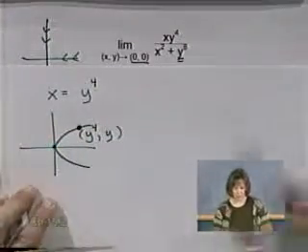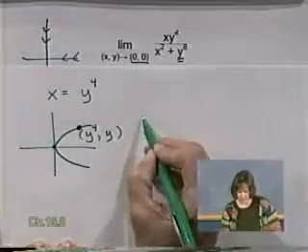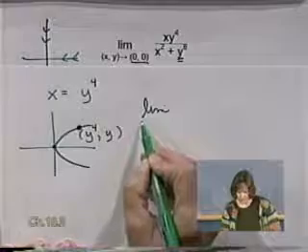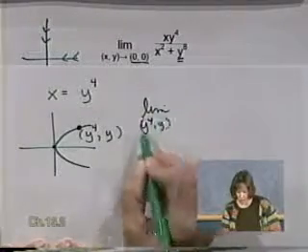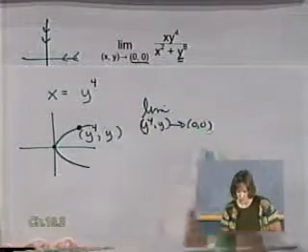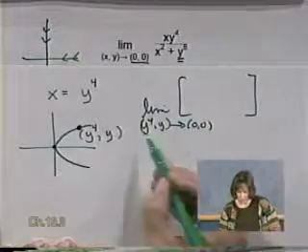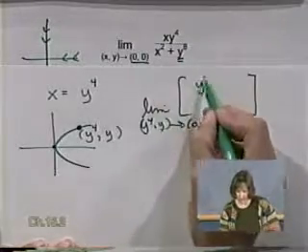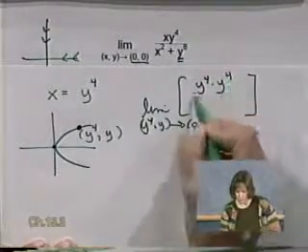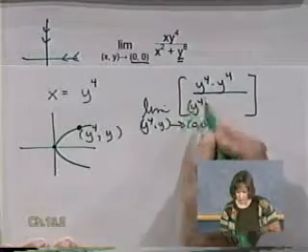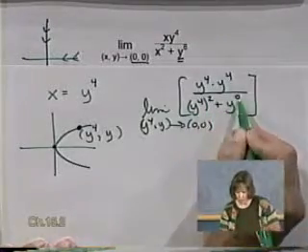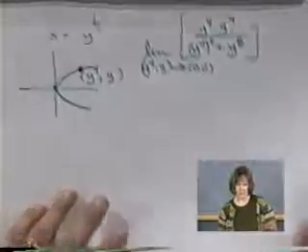So we're taking the limit as (y to the 4th, y) approaches (0, 0). And we're putting y to the 4th in for x, y in for y.